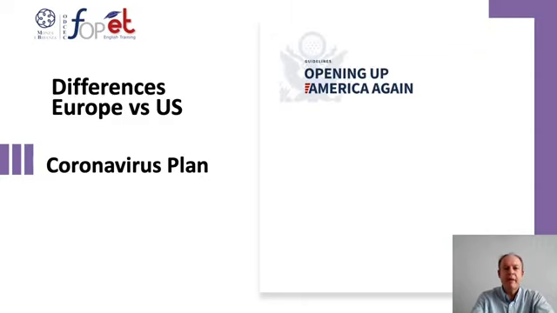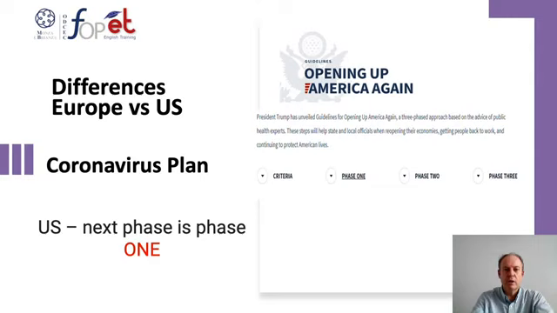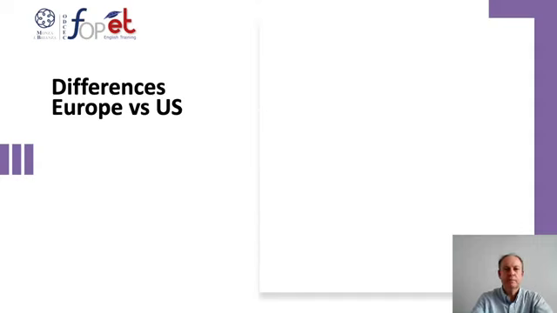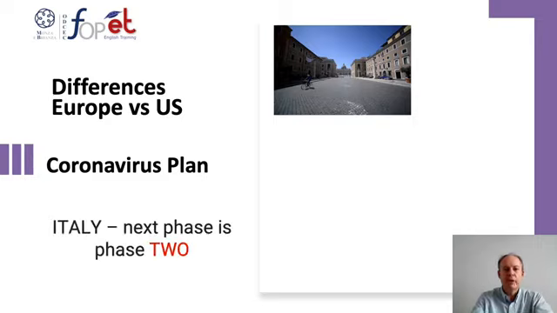Opening up America again, this is the official document from America. The next phase is phase 1. Okay, so the Americans will enter phase 1 when they finish lockdown. In Italy, at the moment, we are in lockdown. You can see nobody's on the streets. The next phase is phase 2.